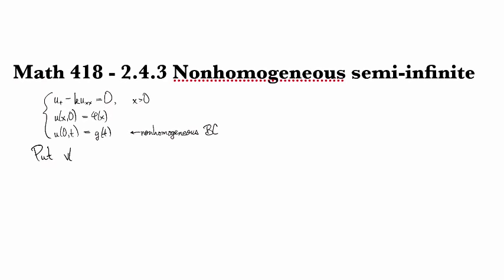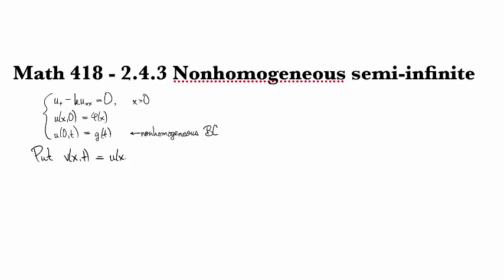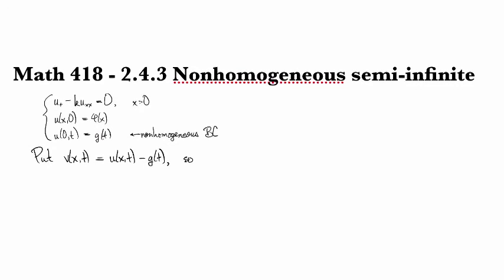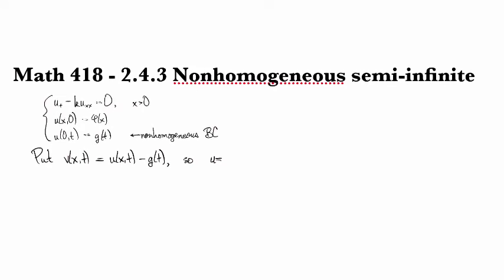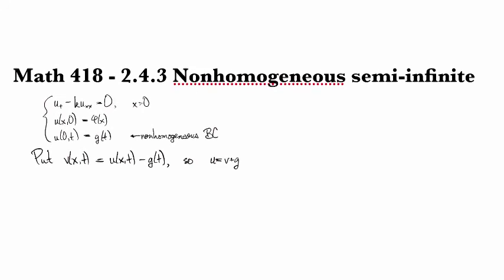So let's put v equal to u(x,t) minus g(t). So effectively changing variables. So u is going to be v plus g now.